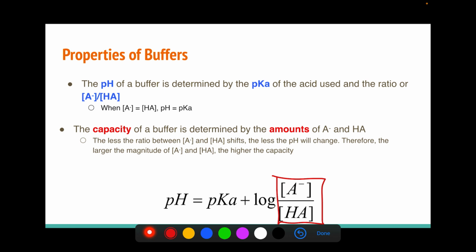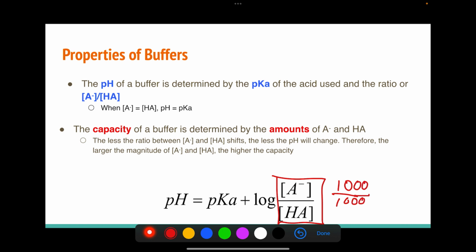To help illustrate this point, let's consider some baby numbers. Imagine you start with 10 A- and 10 HAs. Let's shift this ratio by 1 so that you have 9 A- and 11 HAs. That's a fairly significant change relative to the amounts. However, now let's consider, instead of starting with 10 and 10, we start with 1,000 and 1,000.